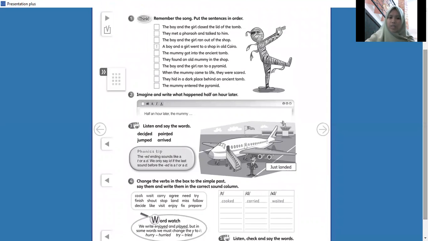We just only pronounce. Remember, when the end of the word is D, how to pronounce it. Painted, arrived, jumped. Remember?